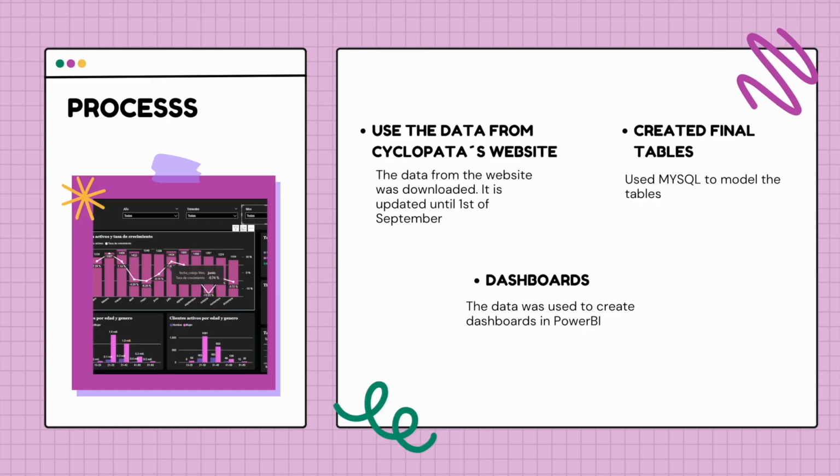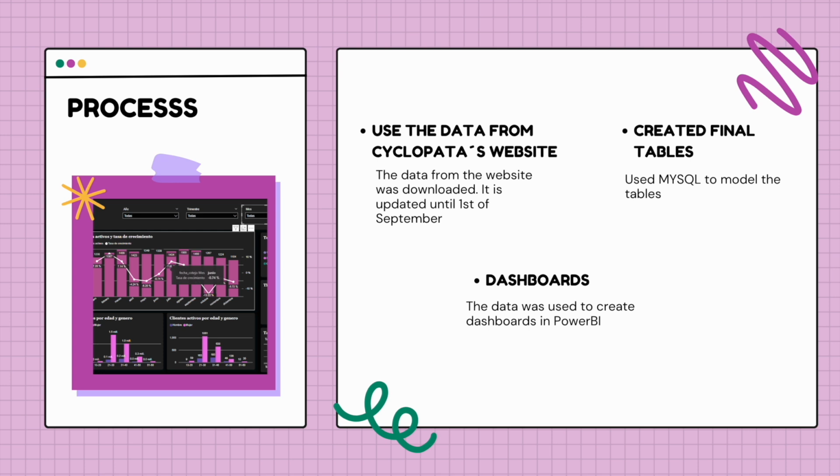So what was the process? As I said, first I had to obtain the data from Cyclopata's website. I downloaded the data, transformed it, and restructured it a little, because when the website and database were created, it was just to save the names of the clients and everything.